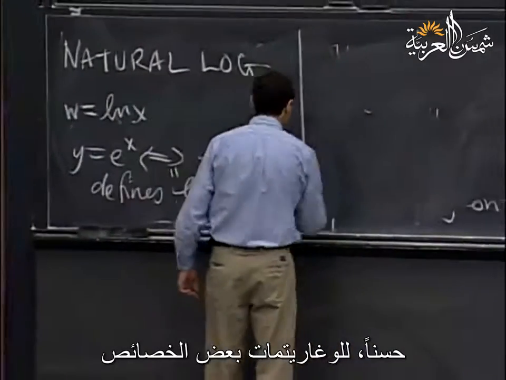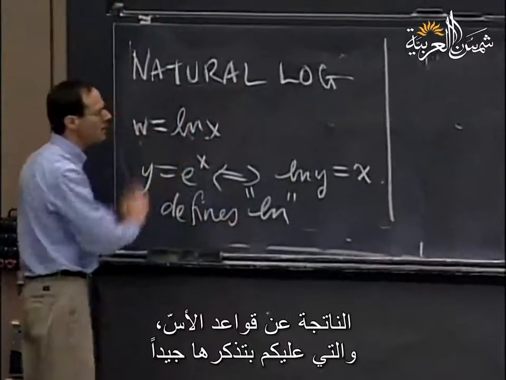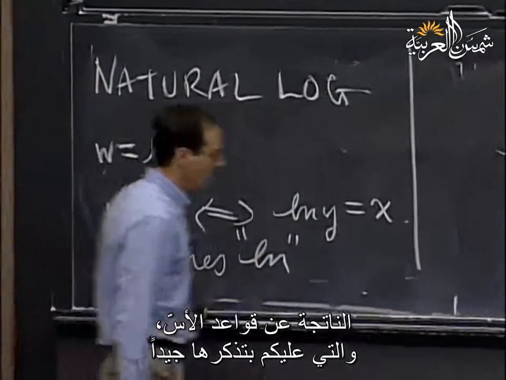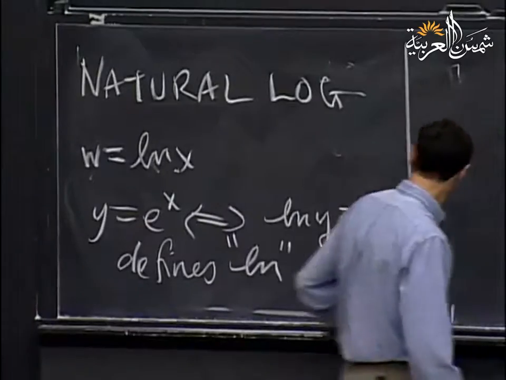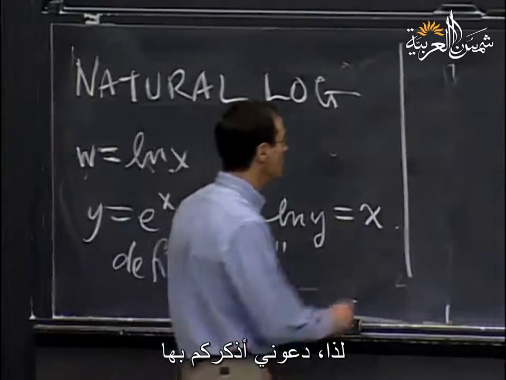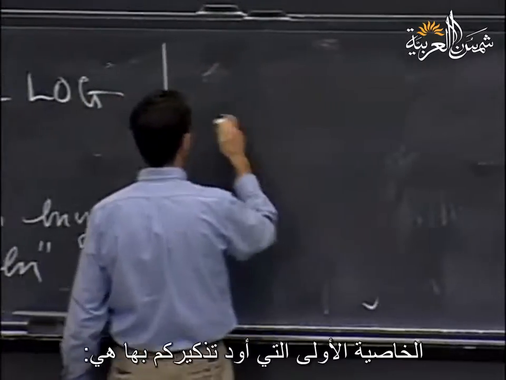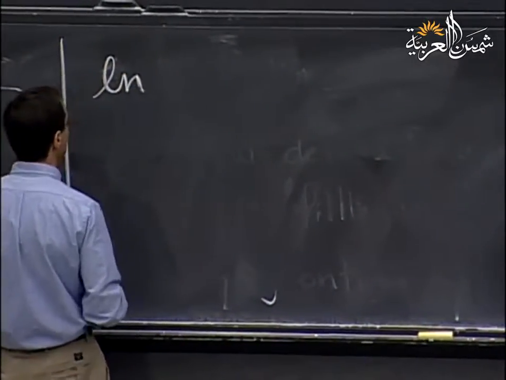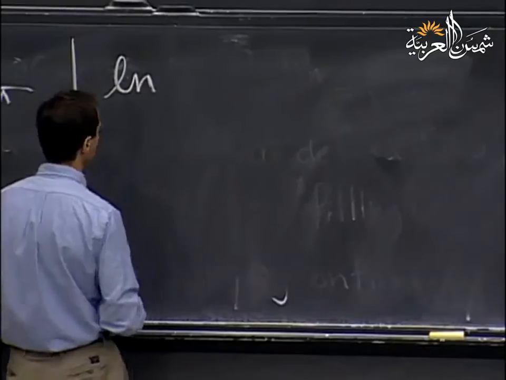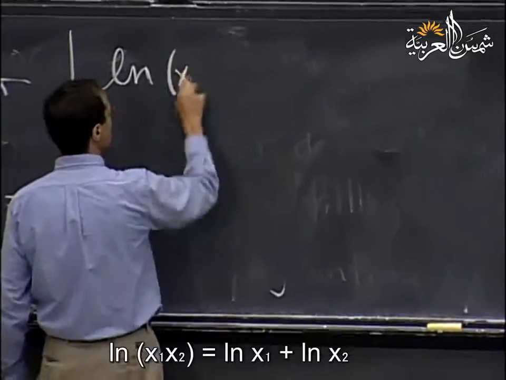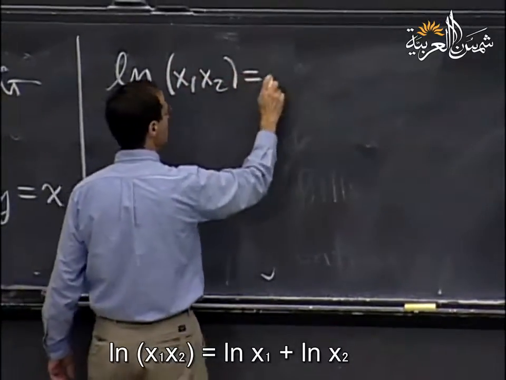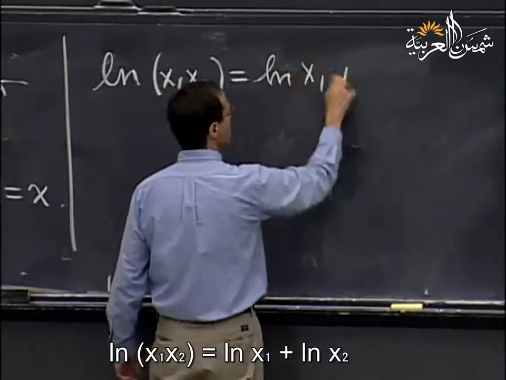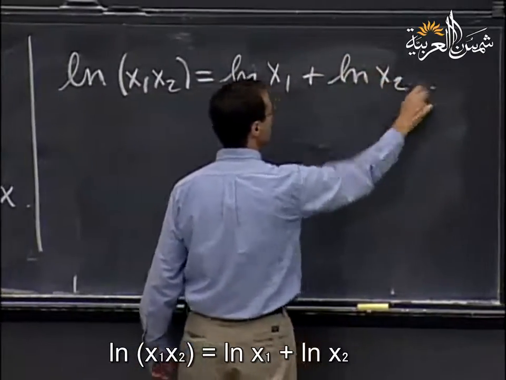Now, the logarithm has a bunch of properties, and they come from the exponential properties. In principle, you remember these, and I'm just going to remind you of them. The main one that I want to remind you of is that the logarithm of x1 times x2 is equal to the logarithm of x1 plus the logarithm of x2.